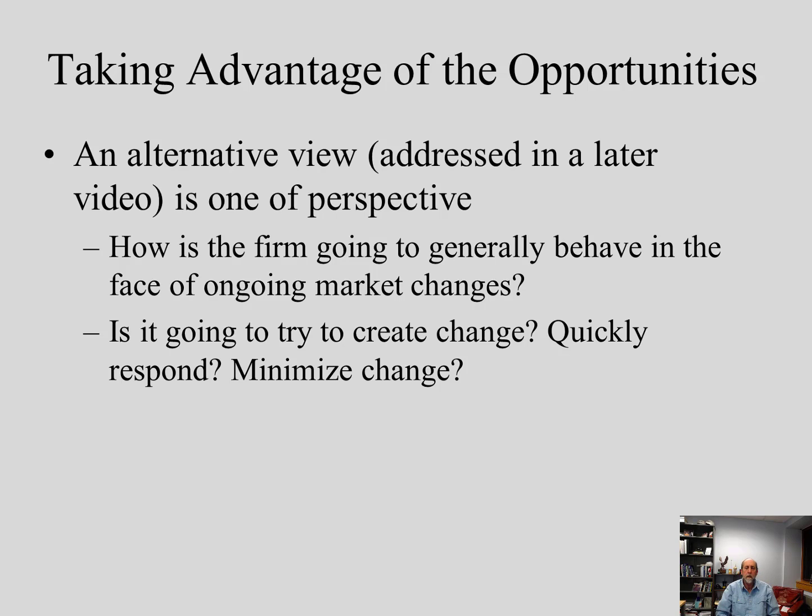If we accept the notion that in today's world, markets are not really stable for long periods of time, and industry structure does not drive the choice, but instead responding to change does, then what's going to be our perspective in responding to these changes? Are we going to try to be the firm that's leading the change?